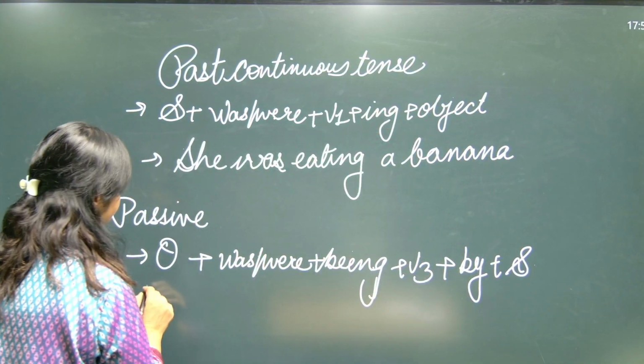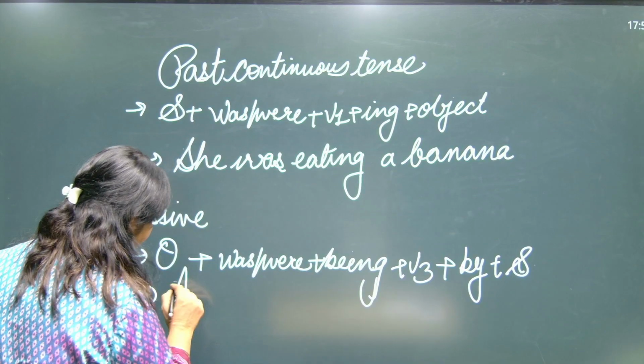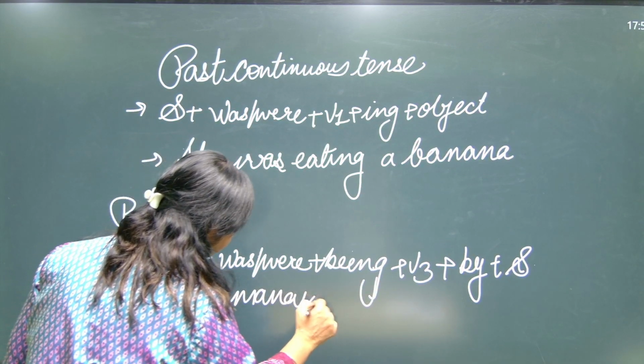Now how will we change this? We will take first the object from here, a banana, single banana, so we will use here was.